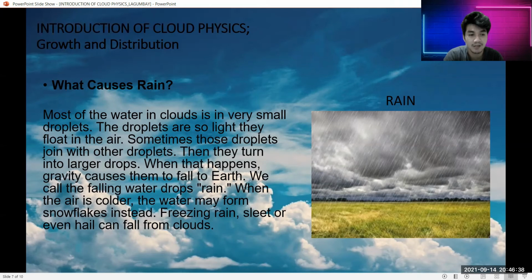When the air is cooler, the water may form snowflakes instead, freezing rain, sleet, or even hail can fall from clouds, no? So nagakos ang clouds day is consist na siya og millions of droplets, no?